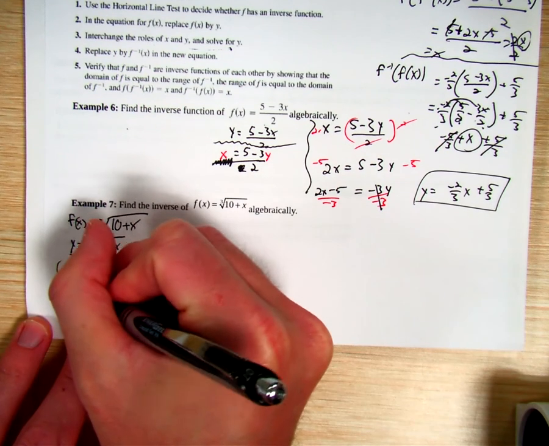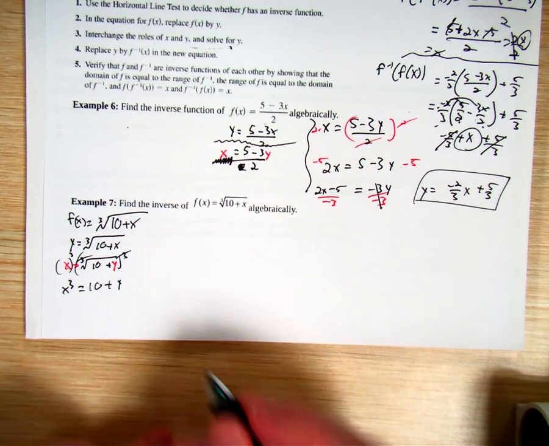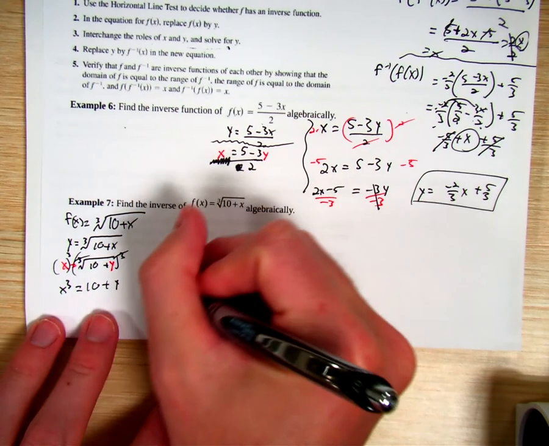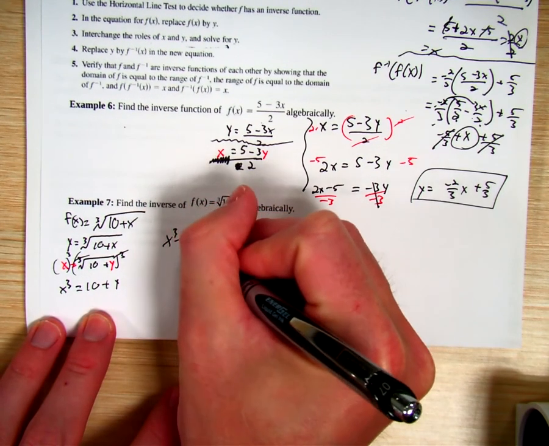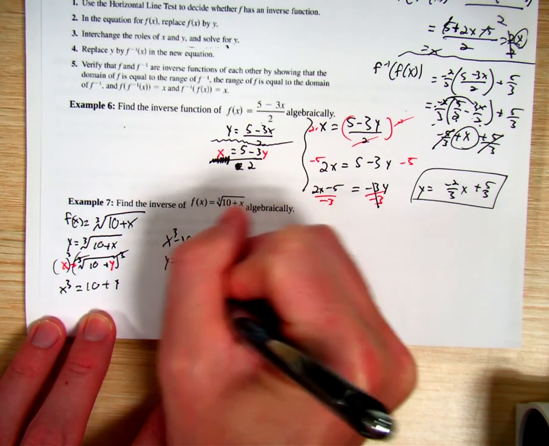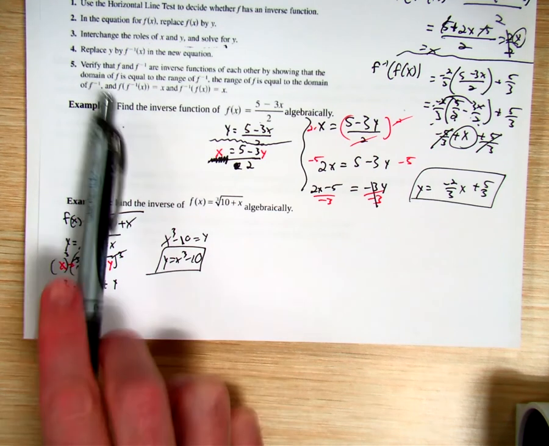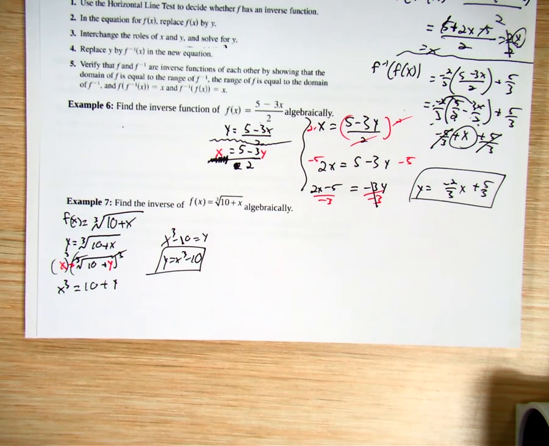So x cubed equals 10 plus y. Subtract the 10. x to the third minus 10 equals y. y equals x to the third minus 10. There's your inverse. You can go ahead and test it out. Verify, it should come out nice.